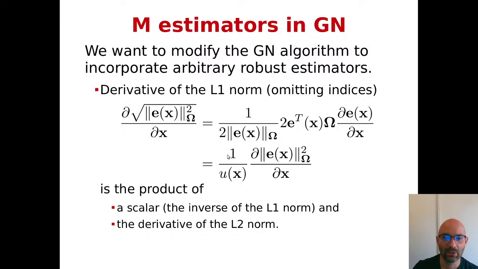By doing so, we can simplify this formula into this more compact form. And we notice that the derivative of the L1 norm is the product of a scalar, which is the inverse of the L1 norm, and the derivative of the L2 norm.